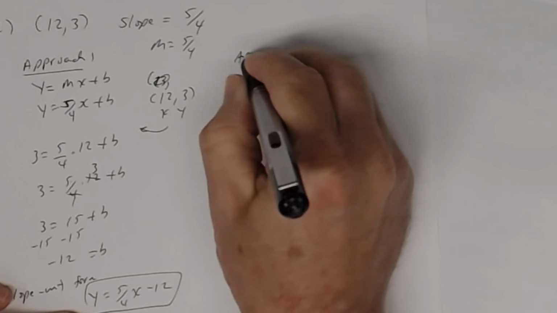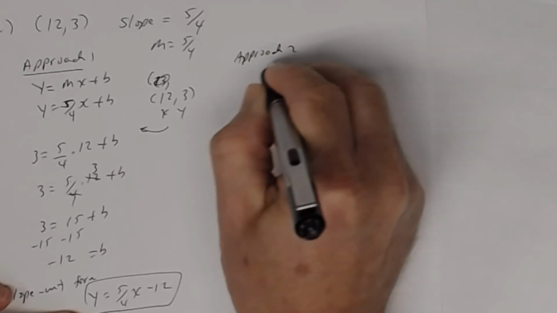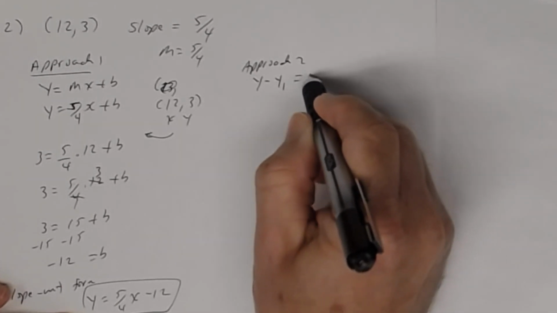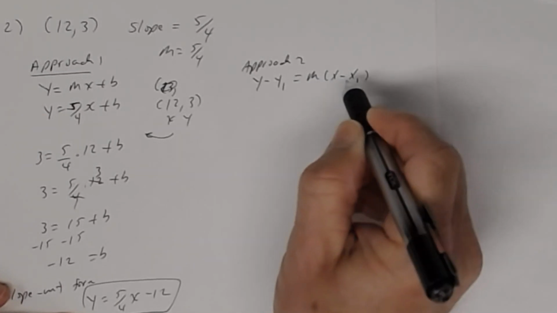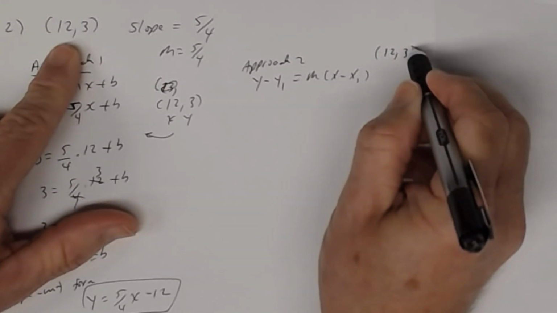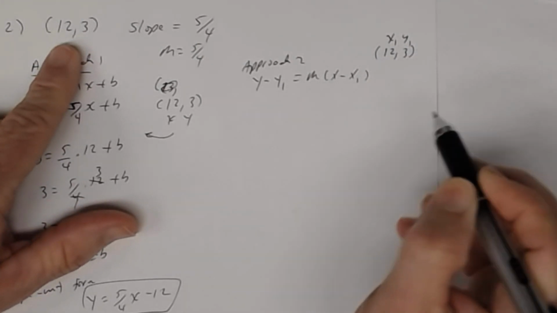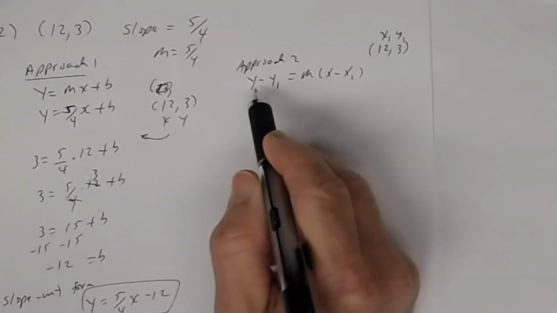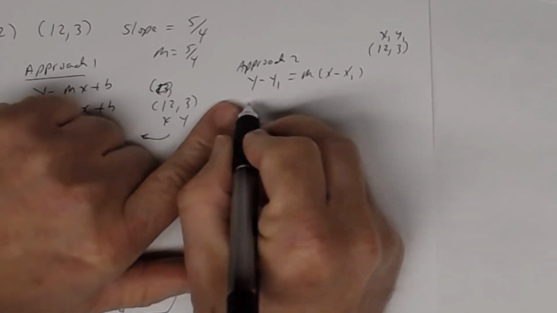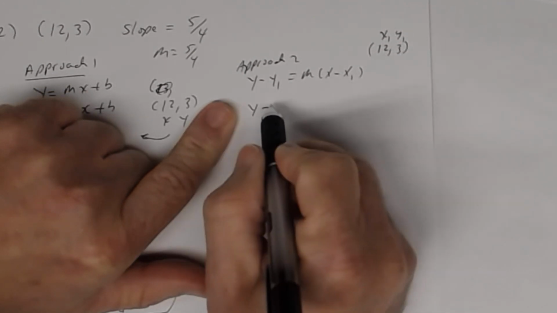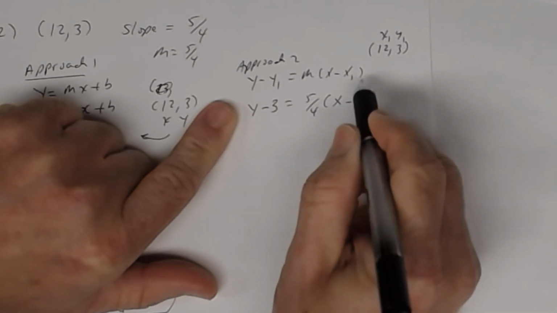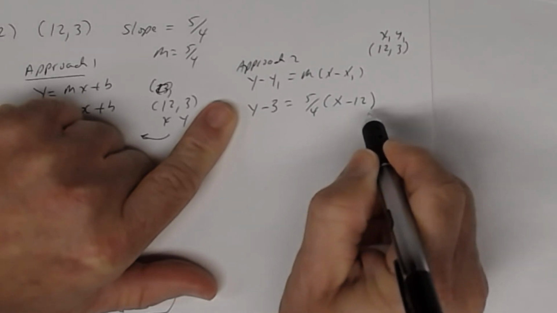So approach number 2 is point-slope form: y minus y1 equals the slope times x minus x1. So there's the slope, there's your point. The point is (12, 3), so this is x1, this is y1. We substitute those values into the point-slope form. So y subtract y1, which is 3, equals the slope, 5/4, times x subtract x1, which is 12.